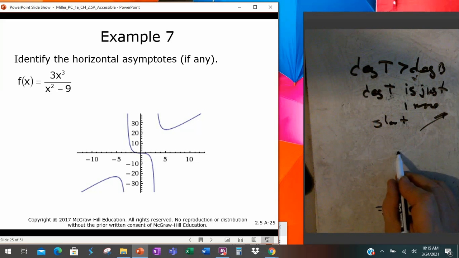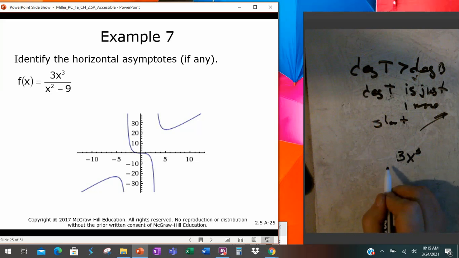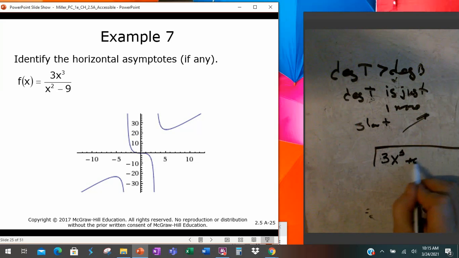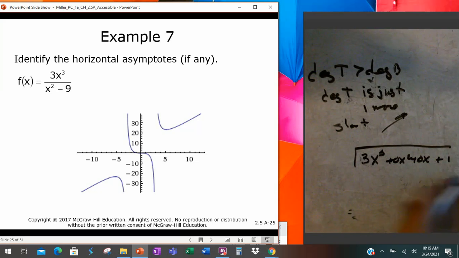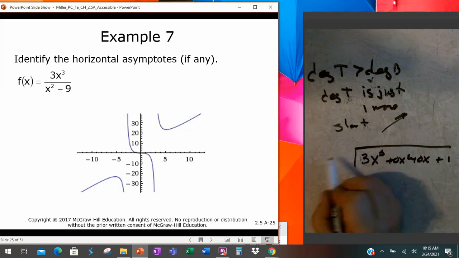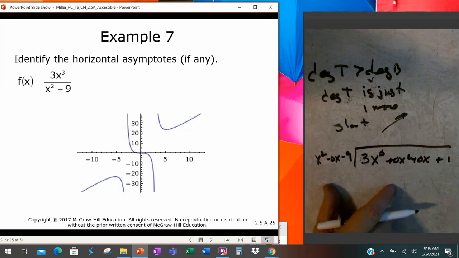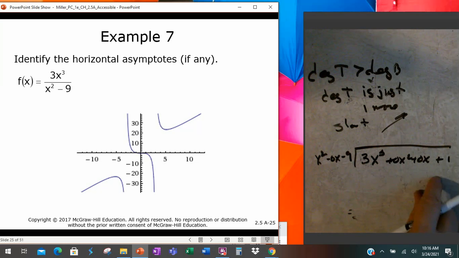So I need to divide 3x cubed, and let me finish this out, plus 0x squared plus 0x plus 1, and I'm dividing that by x squared minus 0x minus 9. I want to divide this into this to make it so that I've got the whole part, and then the fractional part.